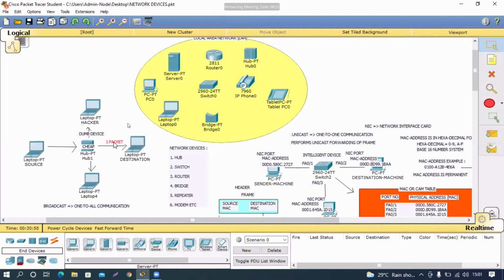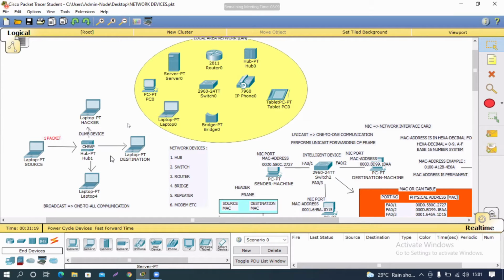This packet will be received by all these three machines over here, but it was not supposed to be sent to all the machines. This machine is sending information to only this machine. When we send it to the hub device, the hub simply broadcasts it, so one packet gets broadcast to all these other machines.